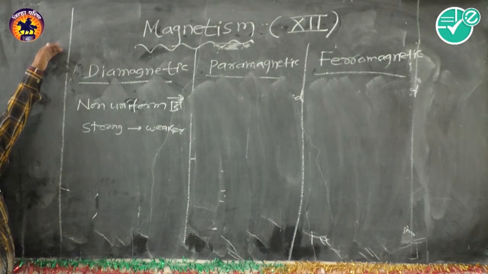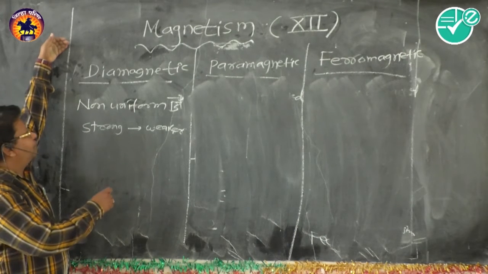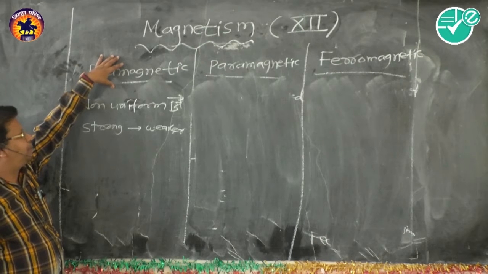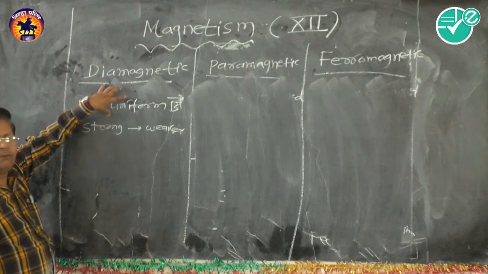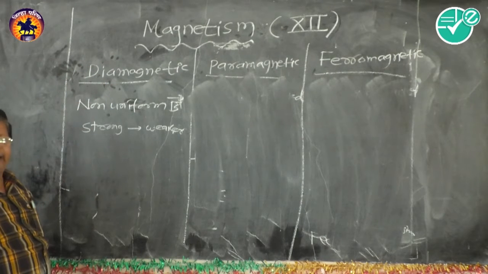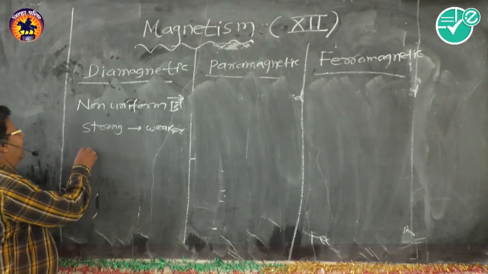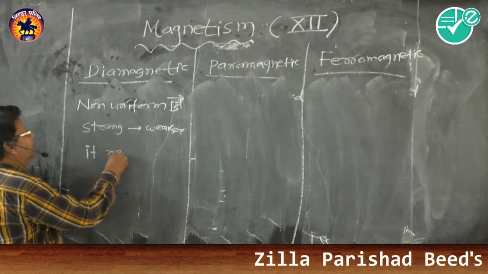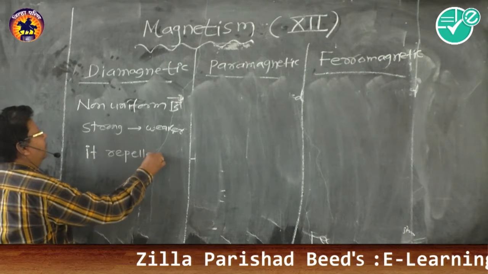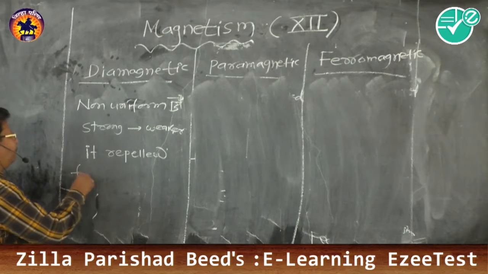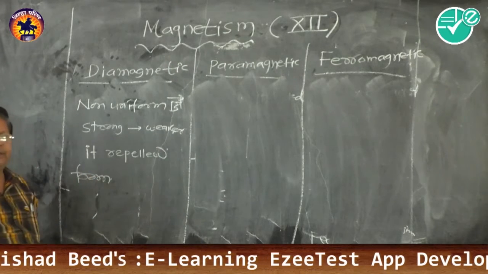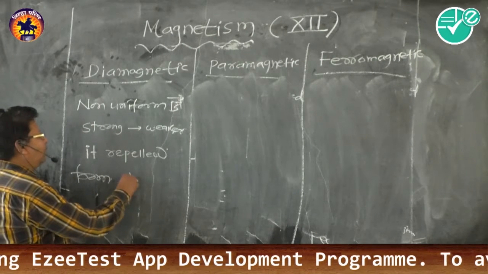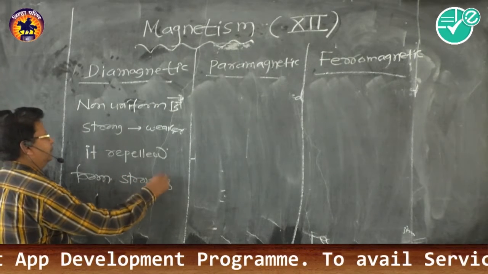In other words, when a diamagnetic substance or material is placed in a non-uniform magnetic field, it is repelled from a strong magnetic field.